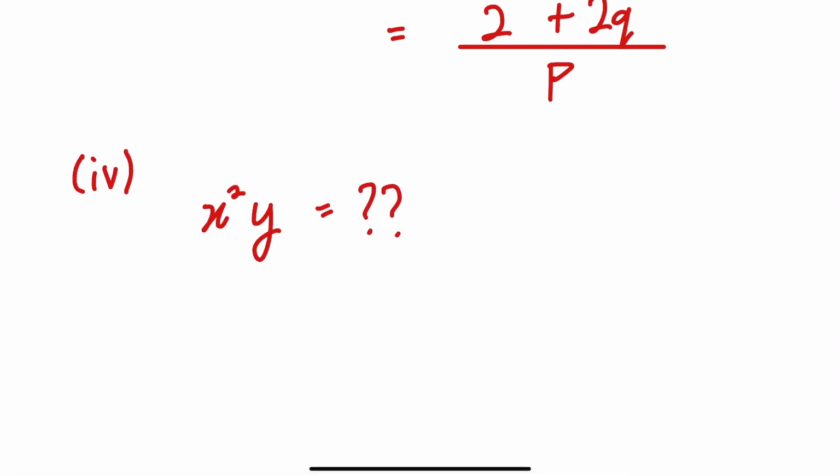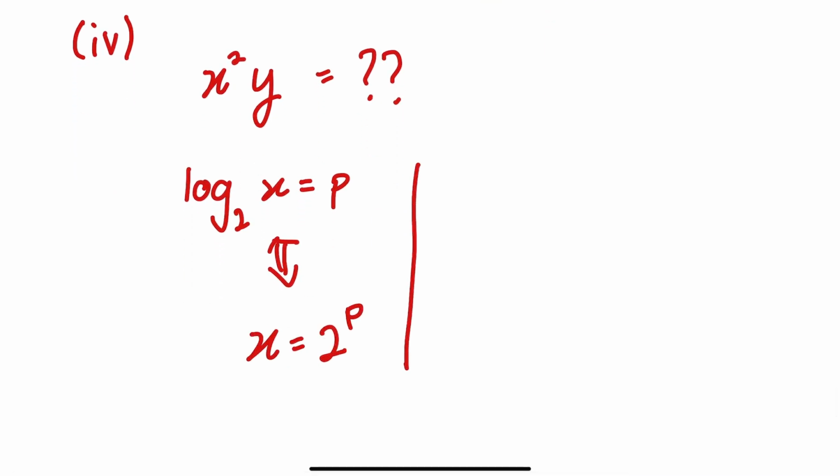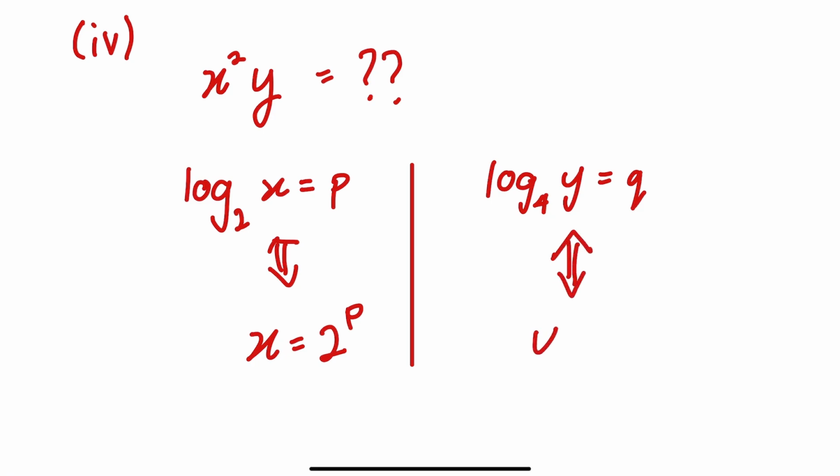Log base 2x is equal to p. Convert this to exponential form. This means that x is equal to 2 power p. Likewise, I have log base 4y equal to q. Convert this to exponential form, y is equal to 4 power q.